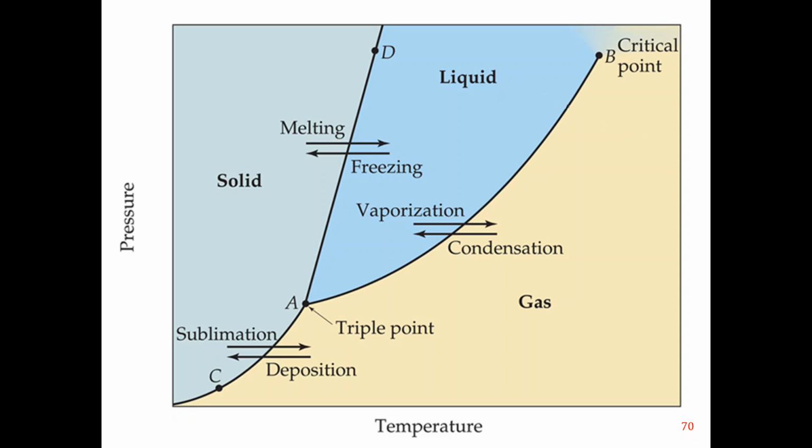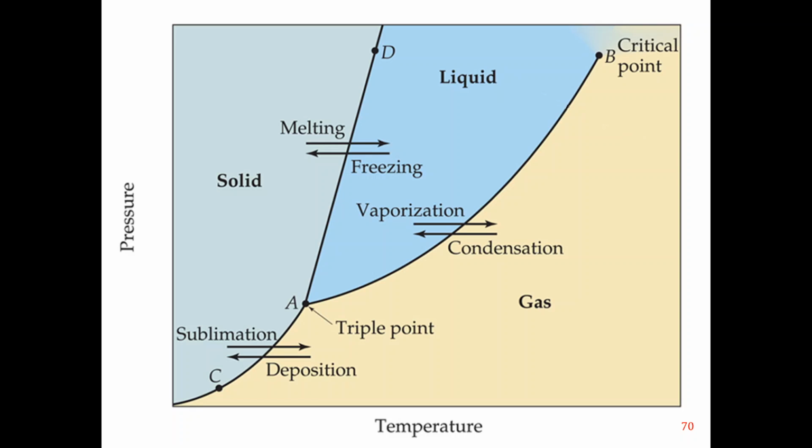So each region, so this would be a region, this would be a region, this would be a region. So each of these regions represents a phase of matter. Okay, so our first region is solid. Okay, so then our blue region would be liquid, and our gray region or tan region would be gas. Okay, and then we see our critical point way out here to the right.